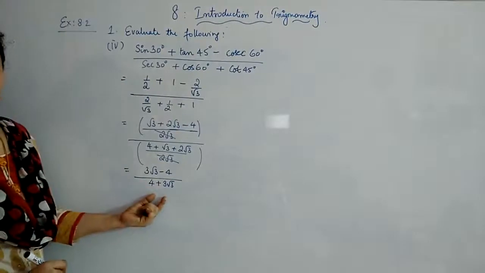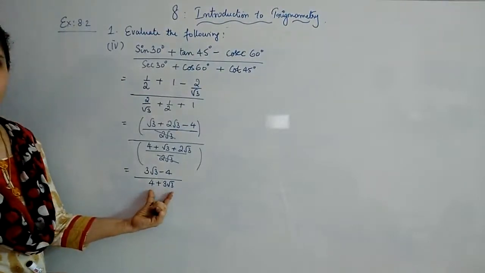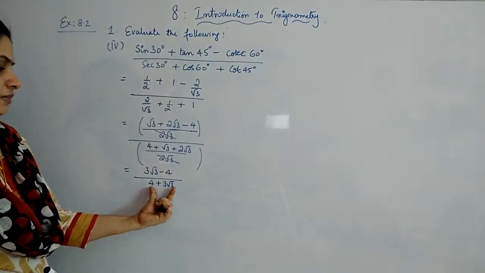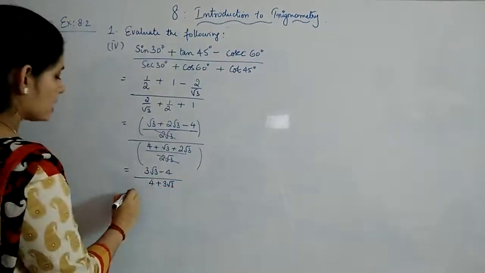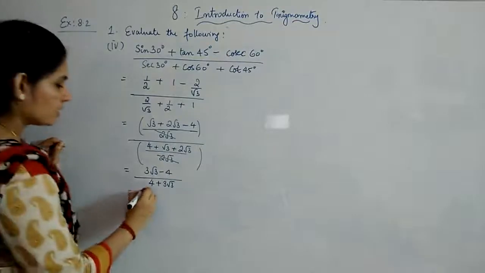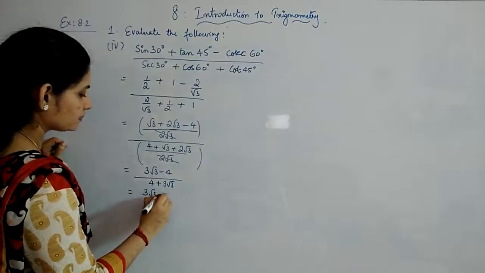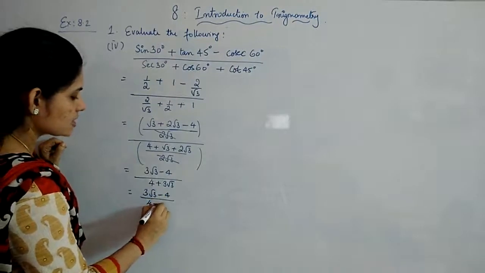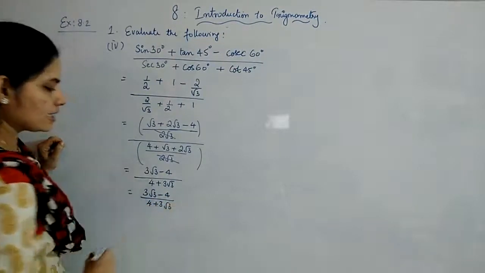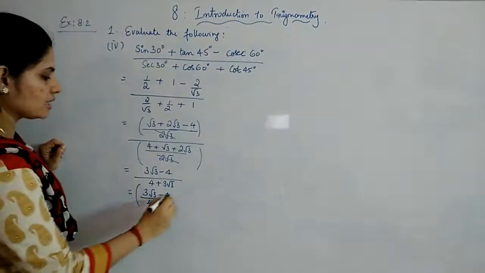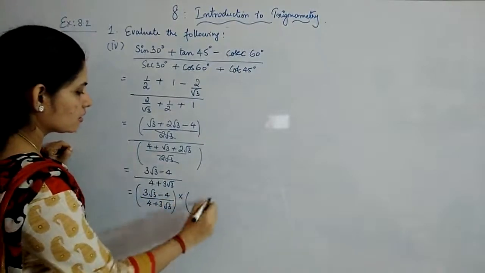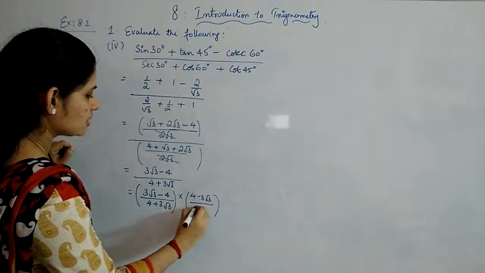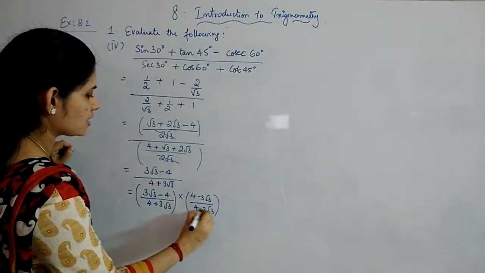Now again we are not stopping here because the denominator is an irrational number, so we are rationalizing it. Rationalizing means you have to take the conjugate of the denominator, which is 4 minus 3 root 3, and divide and multiply with the conjugate so that the denominator will get rationalized.